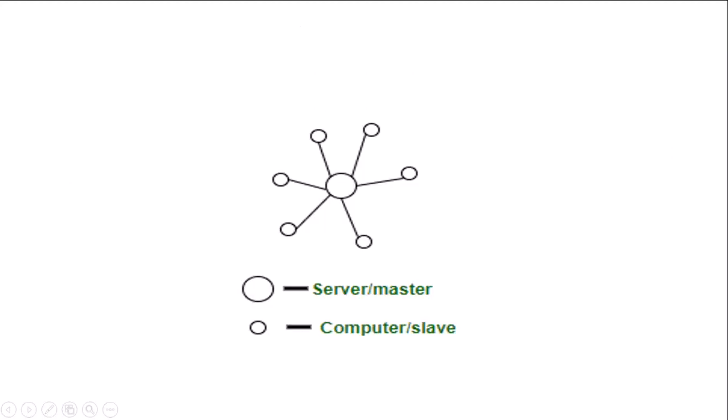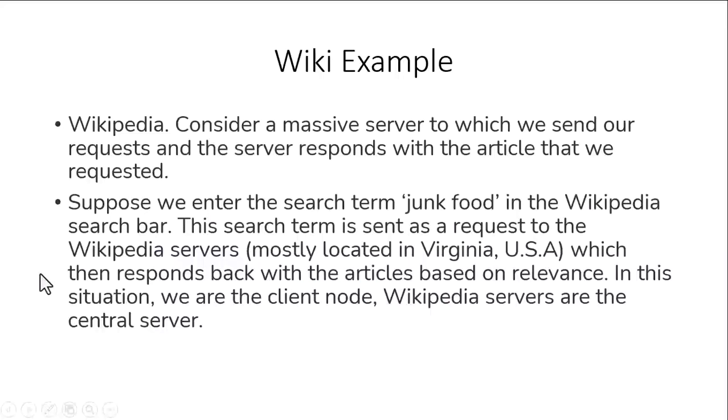centralized server. So this is a generic example. We have a centralized server which provides services to the attached clients. Wikipedia example: in Wikipedia, we request something on the client side, we search for something, and the request from the client side is sent to the centralized server and then retrieved.